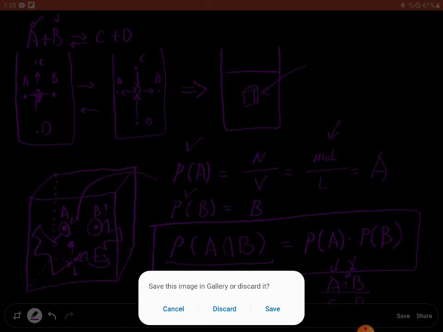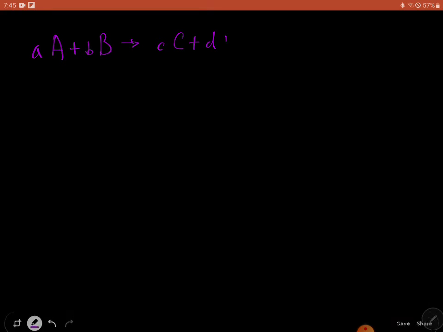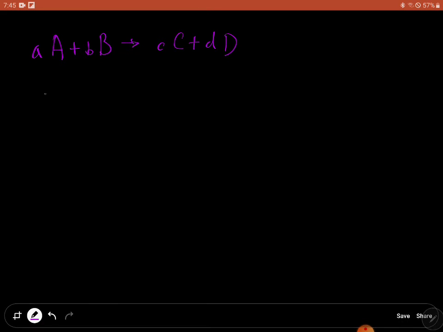Our next question is the coefficients. Coefficients will be an easier and simple example. So let's say there are a times of chemical A, b times of B, c times of C, and d times of D. What does it mean?